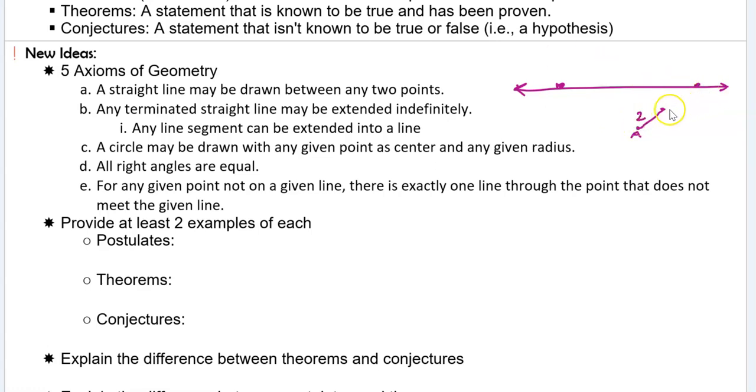Just by spinning that radius all the way around to make a circle that looks a lot better than that. The next axiom is that all right angles are equal. We know that all right angles are 90 degrees. And if I know that 2 figures have right angles, I know that those angles have to be the same thing.